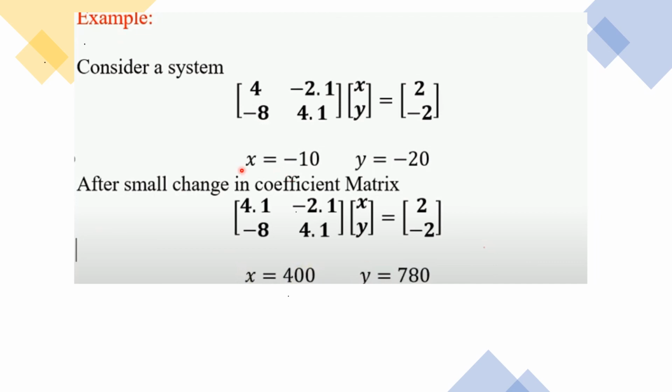Now in our original system, the value of x is -10 and the value of y is -20. After we created a small change in the coefficient matrix from 4 to 4.1, when we computed using MATLAB, the value of x now is 400 and y is 780.